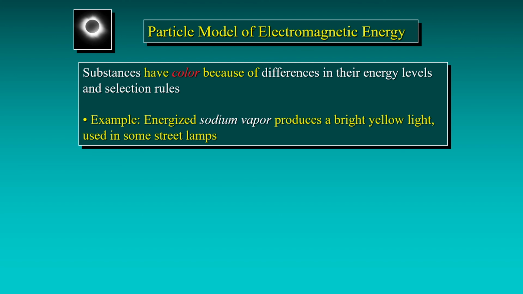And the net result is that we have a photon of yellow light with a wavelength, in this case, of 0.58 micrometers, that's being emitted. And hence we have yellow light that's being produced. So you can look at that example and the associated figure in a little bit more detail in your book.